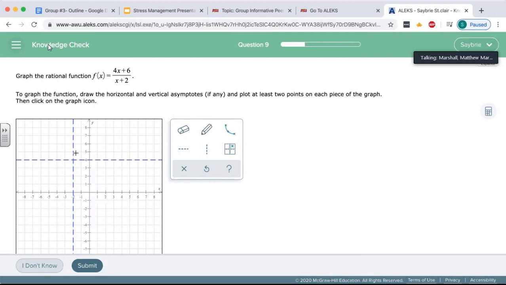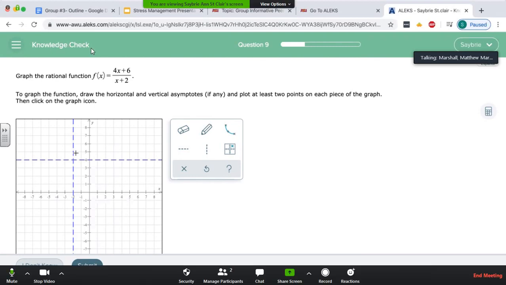Oh no. Sorry, dogs are barking. I guess we'll have to just plug in a couple of coordinates. It wants 2 points on each part of the graph. Alright, so we're just going to have to plug in some numbers.